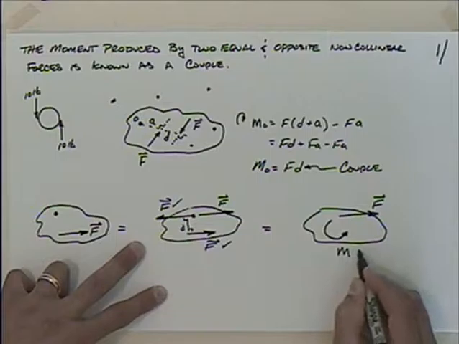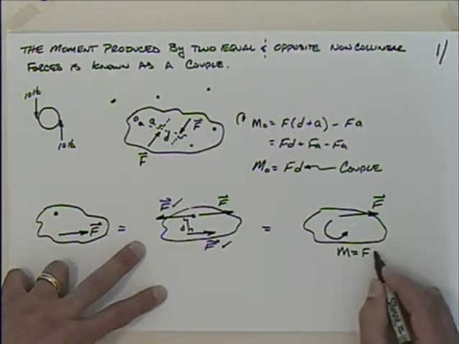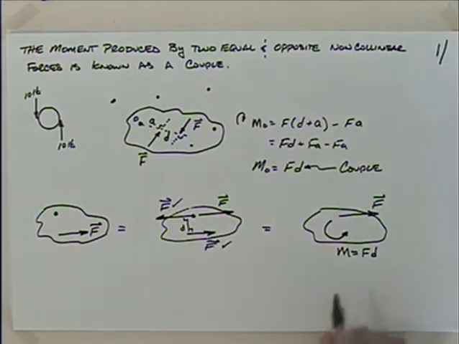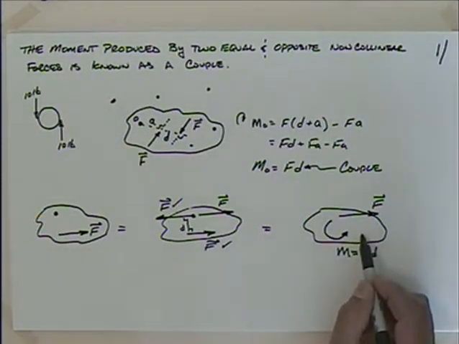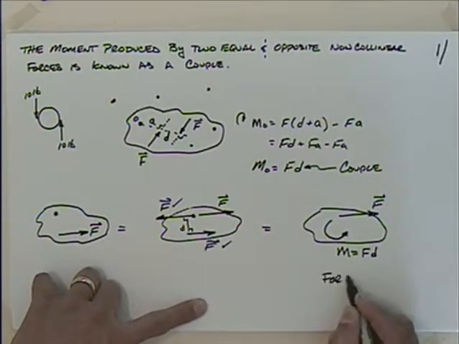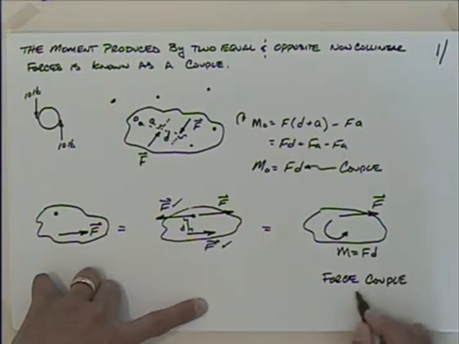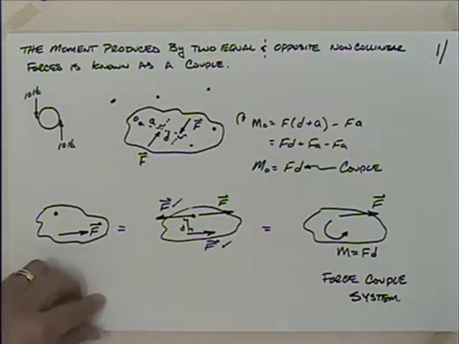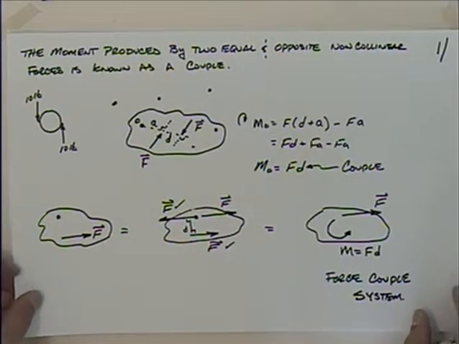Then that's going to be M, which is equal to the magnitude F times the distance d. So I could replace this force at a distance with an equivalent force couple system. So this is our force couple system. Let's try that with a little more detail.